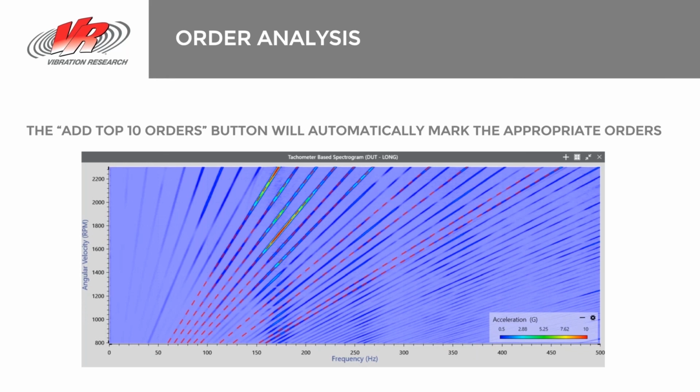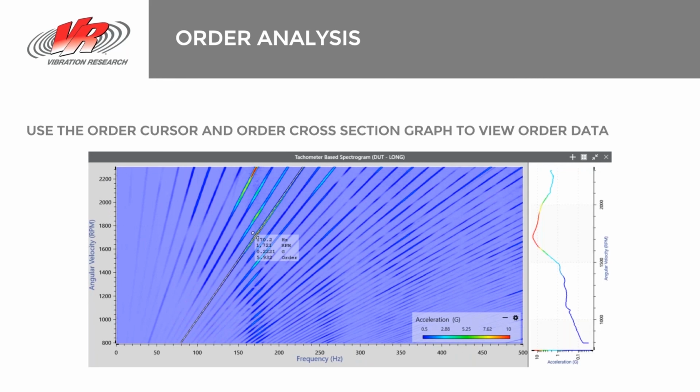ObserveView can automatically analyze this and indicate which orders are the top orders for that particular graph that's being displayed or this particular channel. We can also manipulate this and view the specific acceleration versus RPM data associated with that particular order.